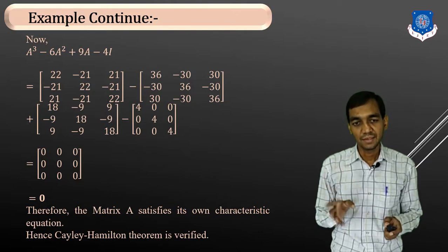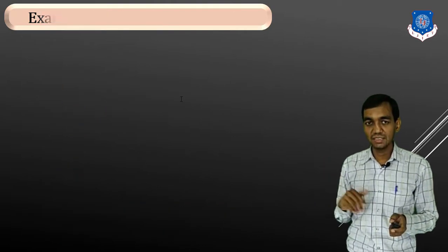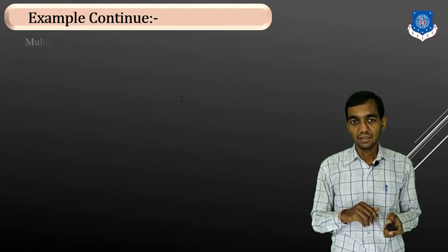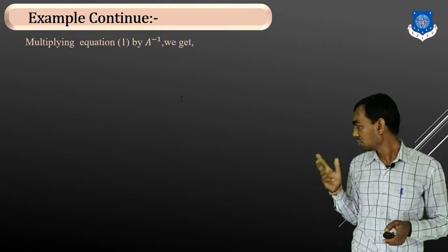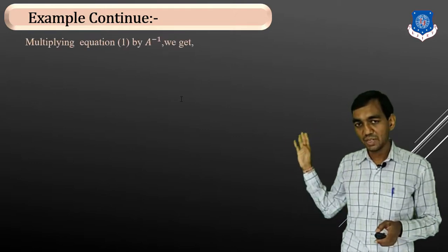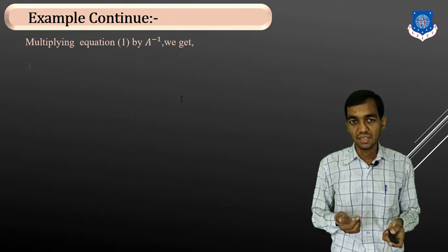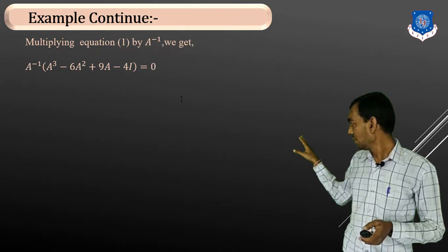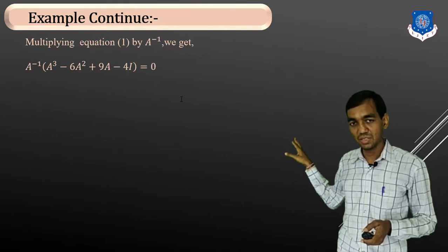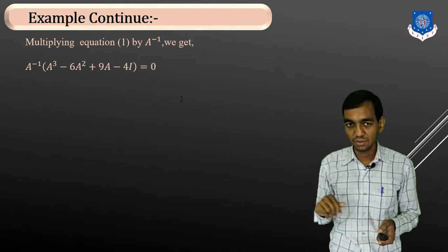Please remember. Now, using this equation, we have to find A inverse and A raised to 4. First, we multiply equation 1 by A inverse to find A inverse. Then we get A inverse into A cube minus 6A square plus 9A minus 4I equal to 0.